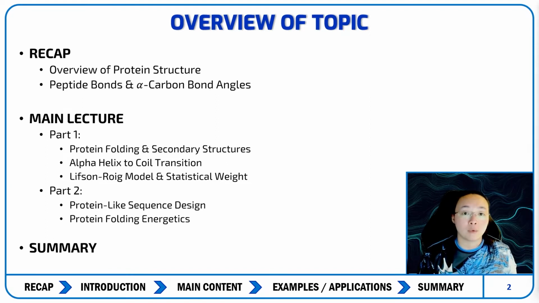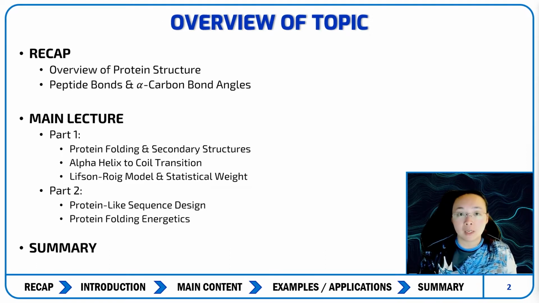And now we're going to take a look at protein folding. Once they start to fold, we're looking at secondary structures, so that would be alpha helices as well as beta sheets. From there, we're going to be talking about alpha helix to coil or coil to helix transitions and present a 2-state model for the alpha helix.